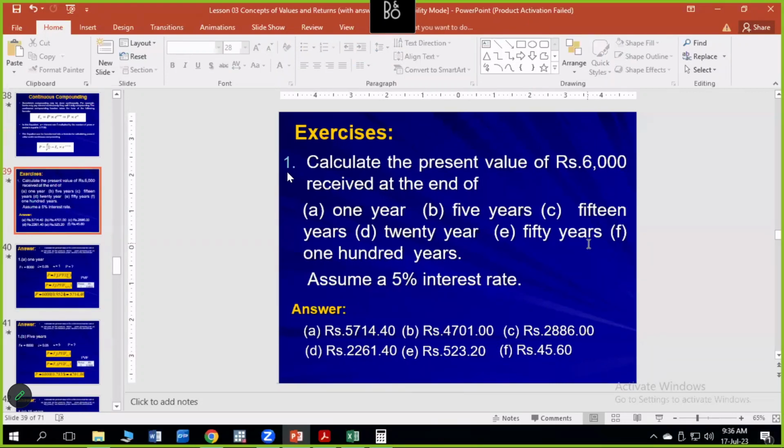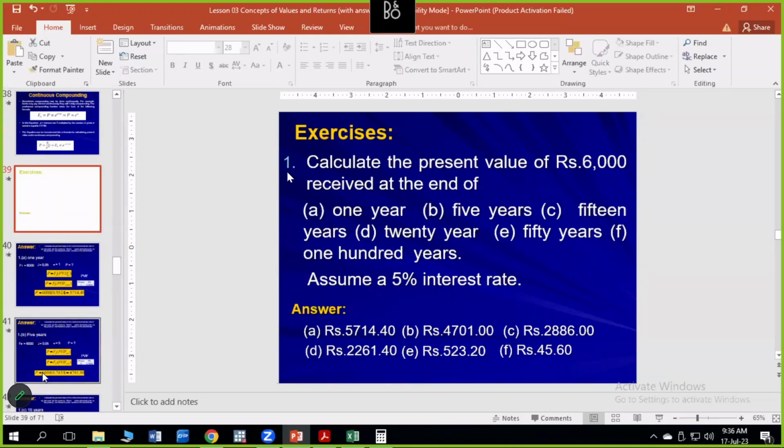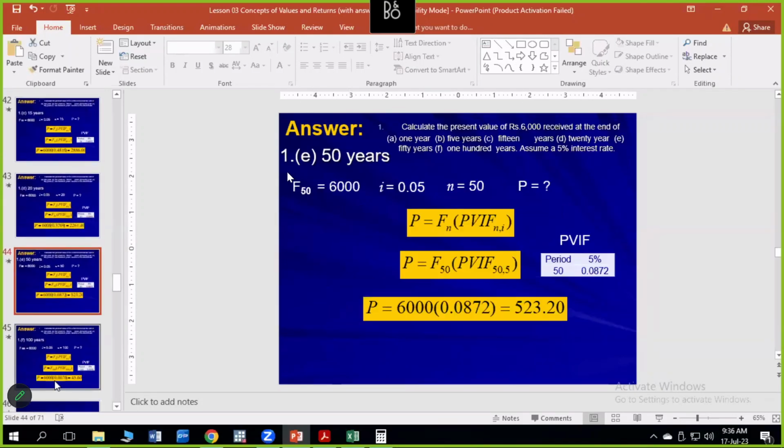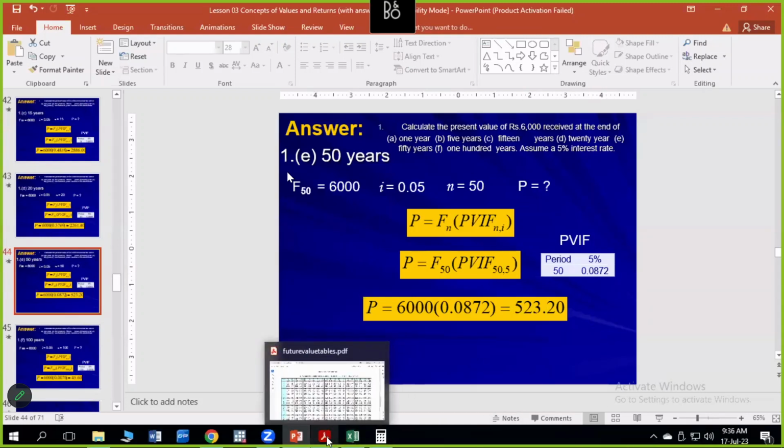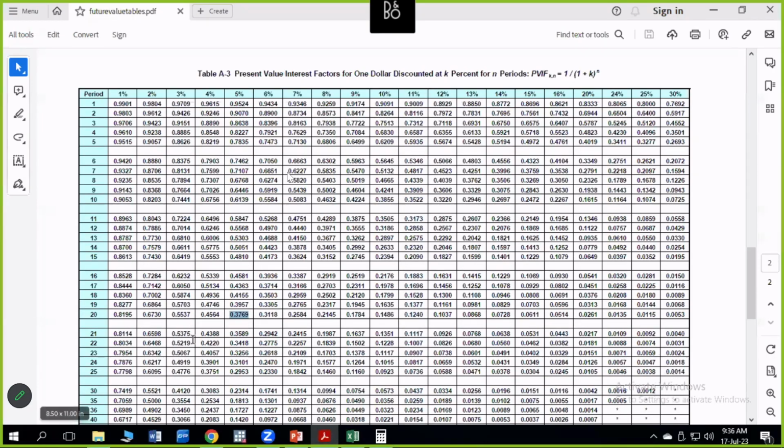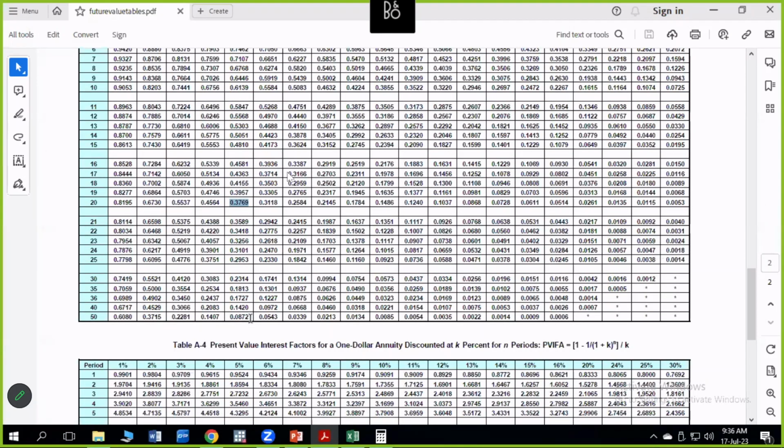So next question, 50 years. So for the answer, 50 years, you want to add this data. Then you can add the present value interest factor for 50 years, 0.0872. So how can you obtain it from the table? You check for the values. So it is there, 0.0872.